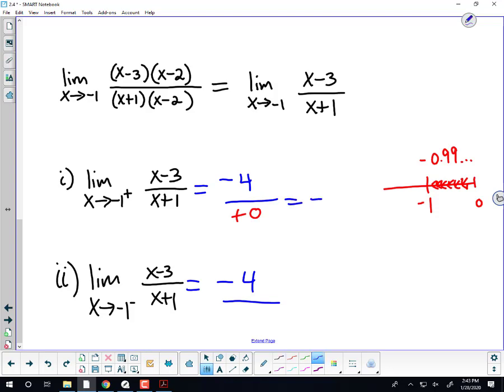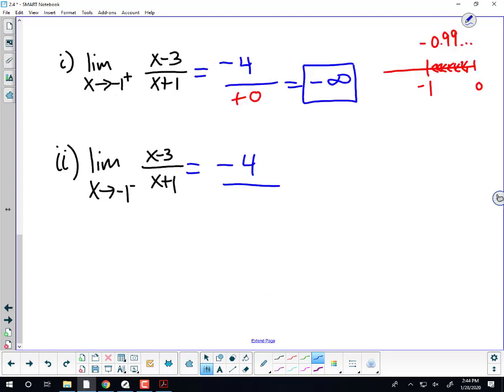This is negative infinity. So maybe seeing this, it's super tedious. Can I just go back to looking at our rational functions through an algebraic lens? It was so much easier, right? Okay, so negative infinity from the right.